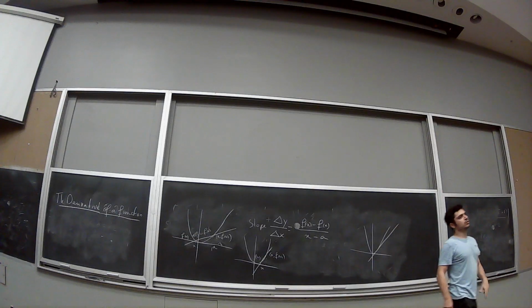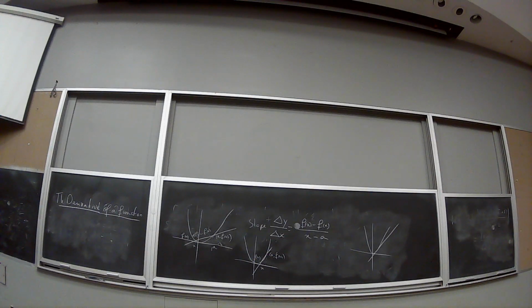Now, by making x closer to A, what operation am I doing here? Yes, a limit. So the slope of the tangent line is the limit as x approaches A of f of x minus f of A over x minus A. Now suppose that f is continuous, say, and try to plug in.